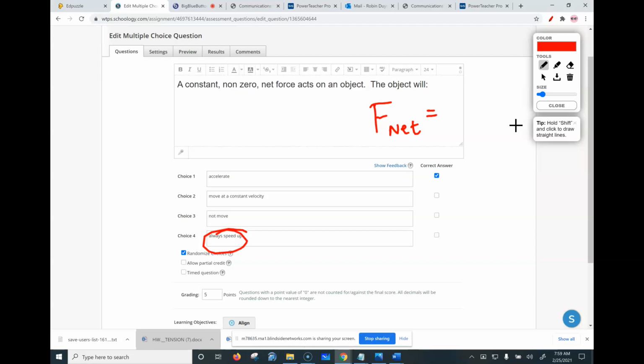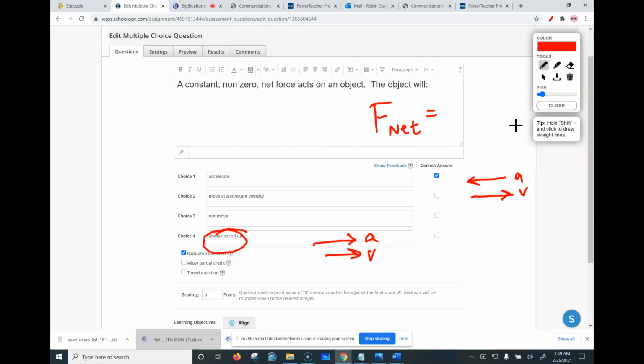Remember, the only way it's going to speed up is if it's moving in this direction and we have a net force and an acceleration in that direction. What happens if it's moving this way and the acceleration is this way? Is it going to speed up?